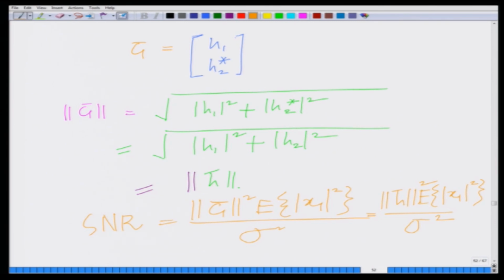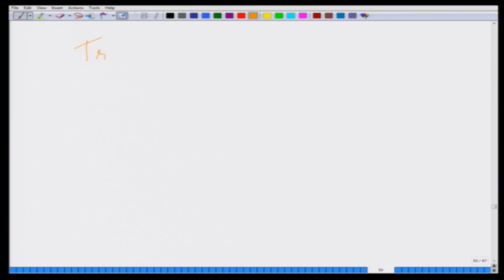Now what we have to do is find this quantity, the expected value of magnitude x1 square, or the power in the transmitted symbol x1, and this can be found as follows. Let us look at the transmit vector. The transmit vector here is x1, x2.